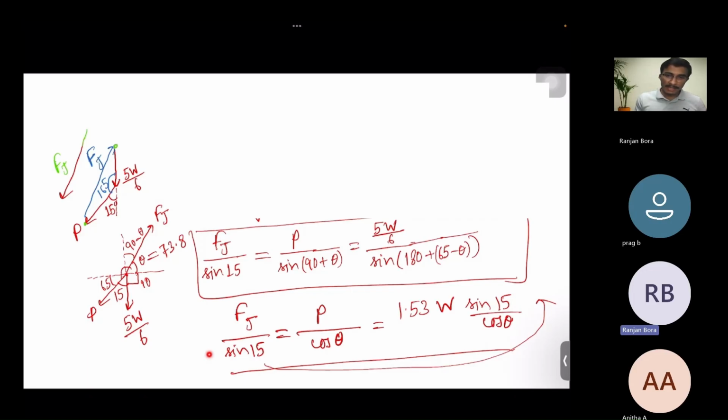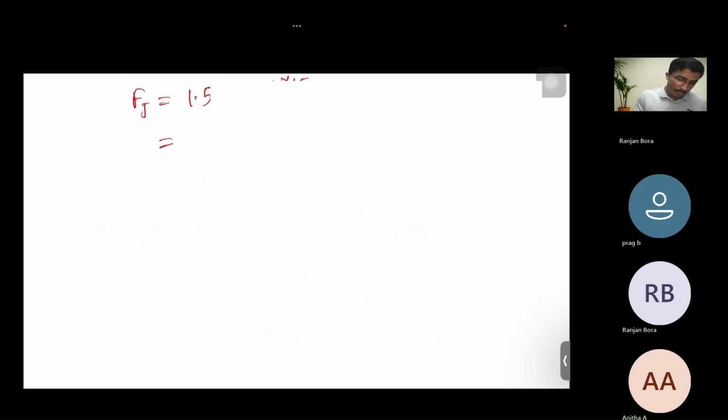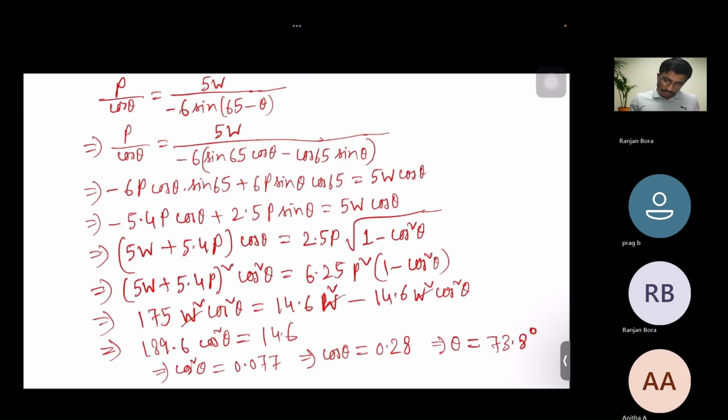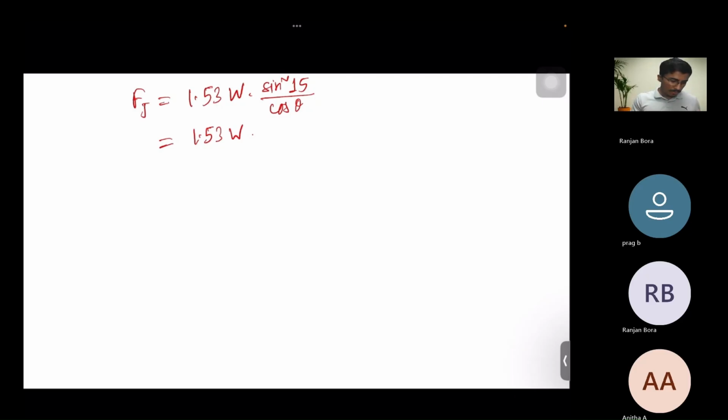So they both are acting in a different direction. 1.53 W sine 15 square, sine 15 divided by 0.24.